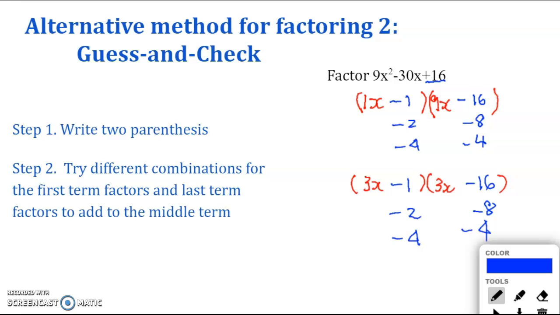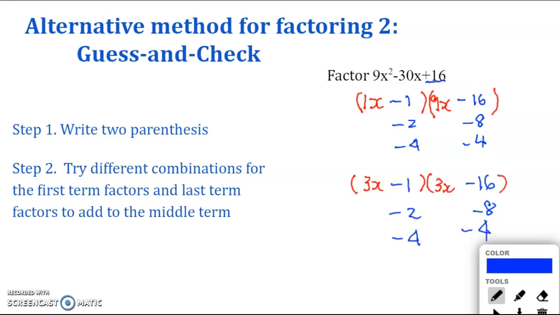So here you're basically checking all the combinations. I know that the first term, 9x, and positive 16 check out. So all I need to do is multiply the outside terms and the inside terms. 1 times 16 is going to be negative 16x minus 9x, which gives me negative 25x.